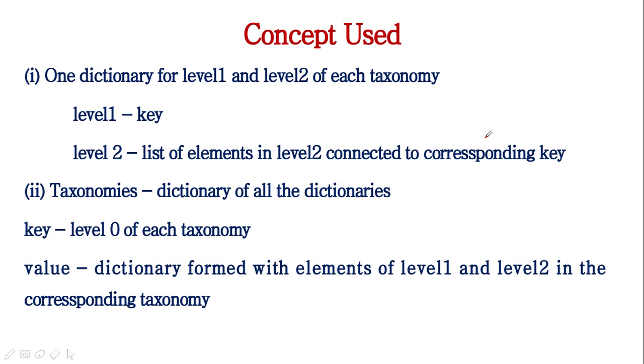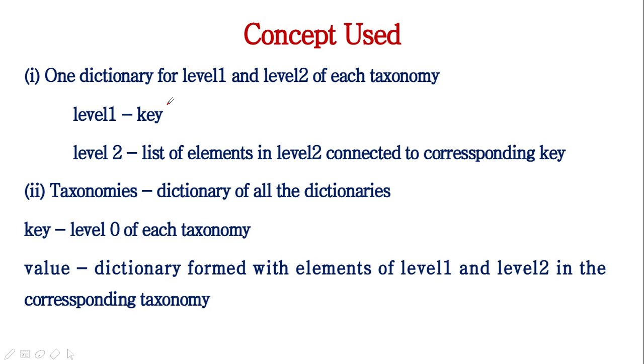And how are we going to solve this problem? What concept are we going to use? First of all, we have to represent the taxonomy. That is very, very important, right? And we are going to be given n number of taxonomies also. So what we are going to do is consider level 1 and level 2 of each taxonomy, and we will represent that using a dictionary.